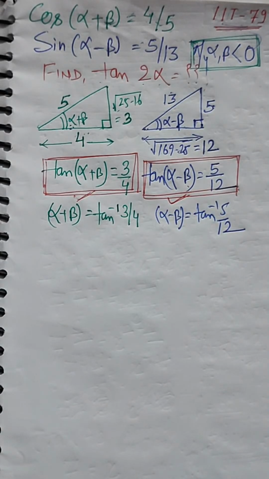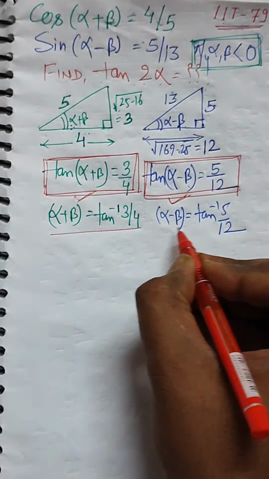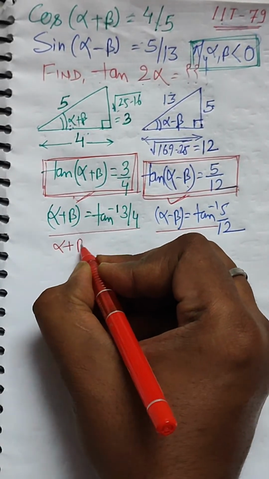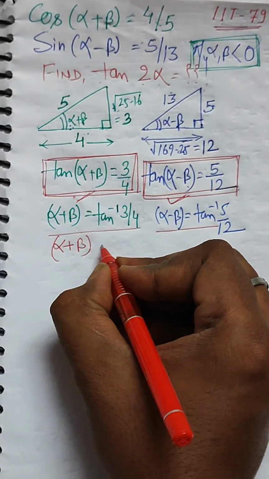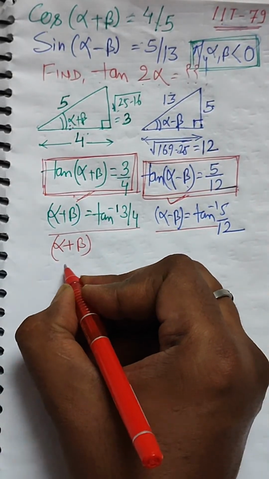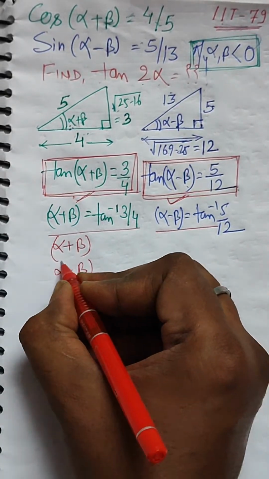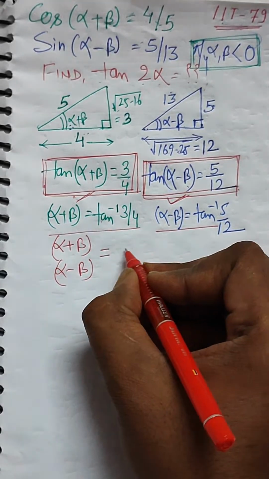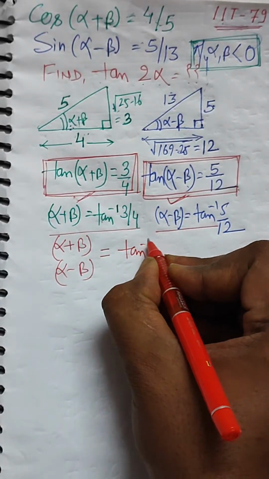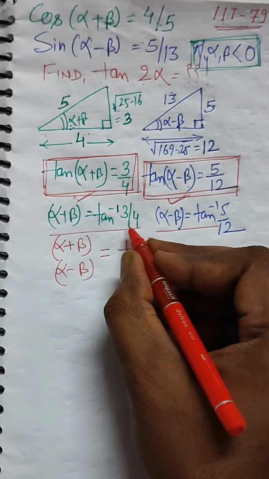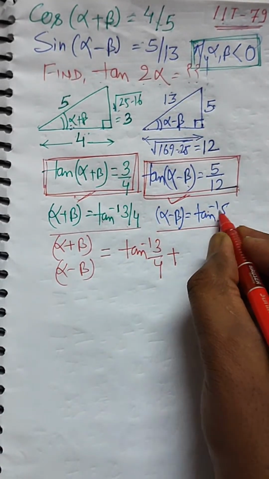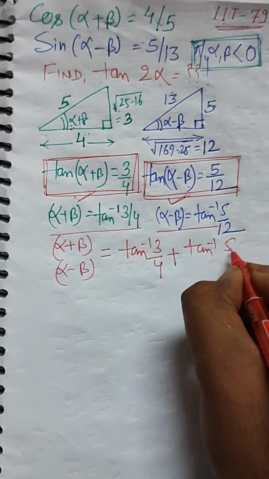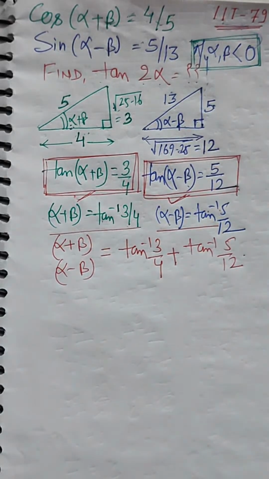If you add this equation and this equation, that is, if you add alpha plus beta with this alpha minus beta into the LHS and into the RHS, we have tan inverse 3 by 4 plus tan inverse 5 by 12 into the RHS, right?